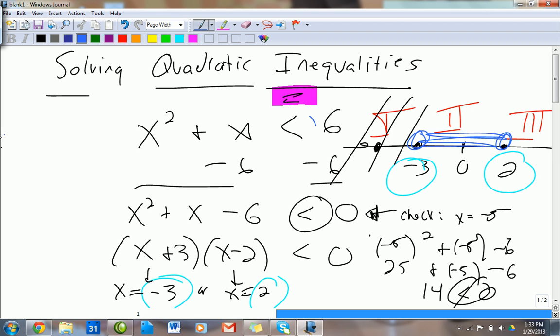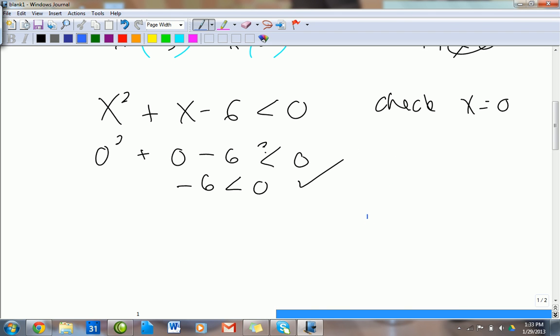Now I'm going to check a number in the 3rd region, and any number after 2 will suffice. So take 10, for example. I'll check the third region when x is 10. 10 squared plus 10, again plugging it right back into the original inequality. Is that in fact less than 0?